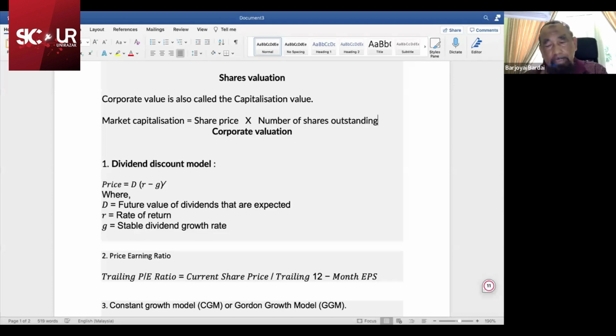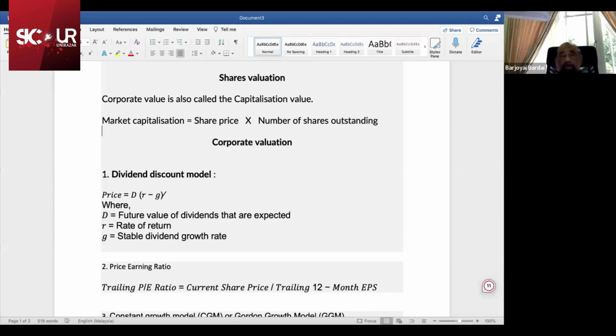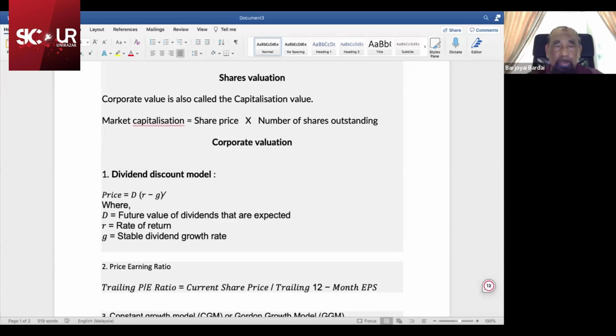So essentially, if we can find the share price, we will be able to find the capitalization value of the market capitalization, and that is the corporate value.